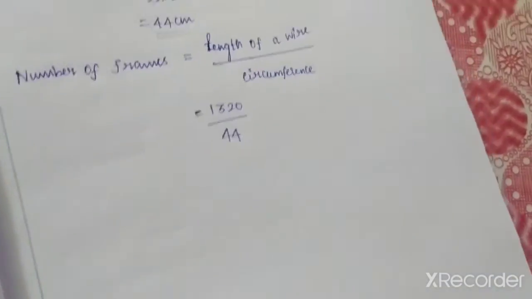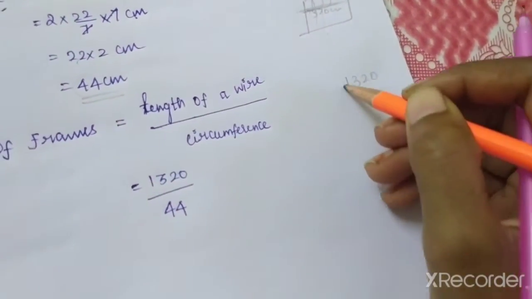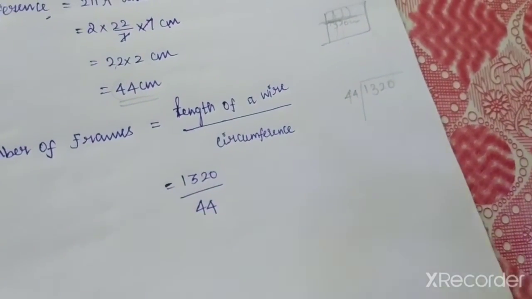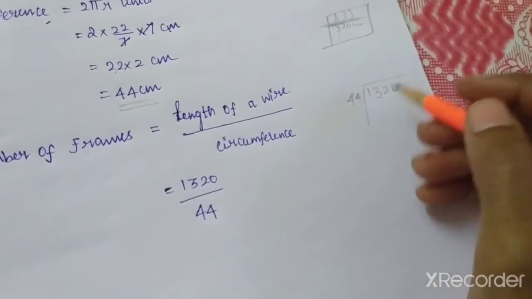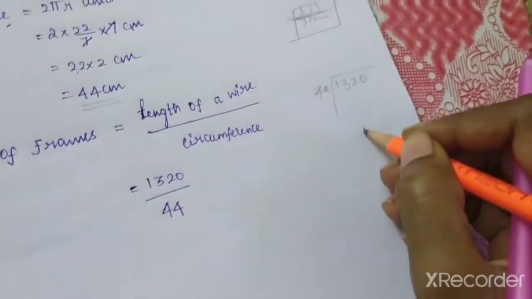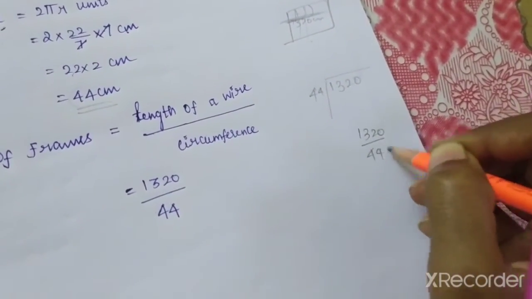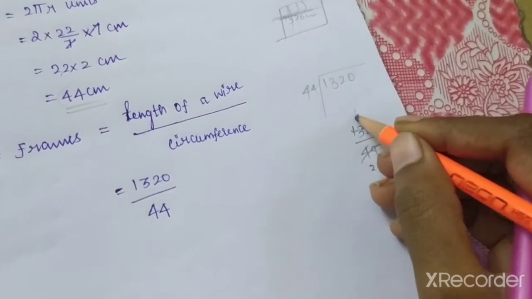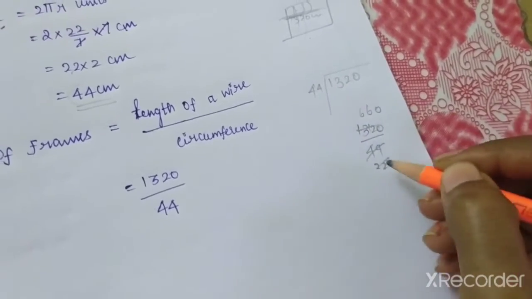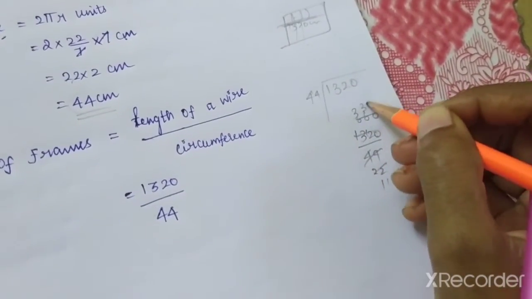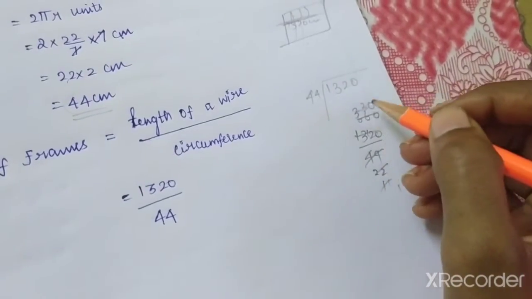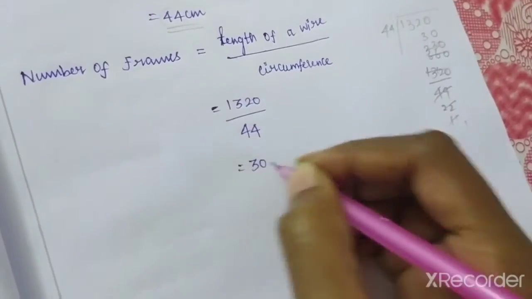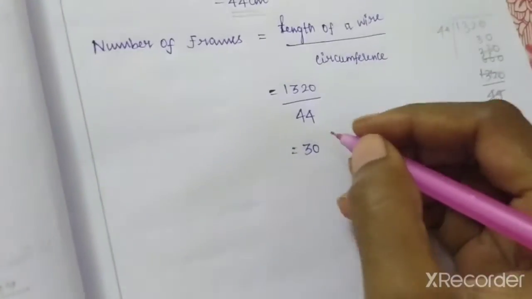How much will it come? We can directly cancel by 2, the 11 table. So 30. Are you clear? 30 centimeters.